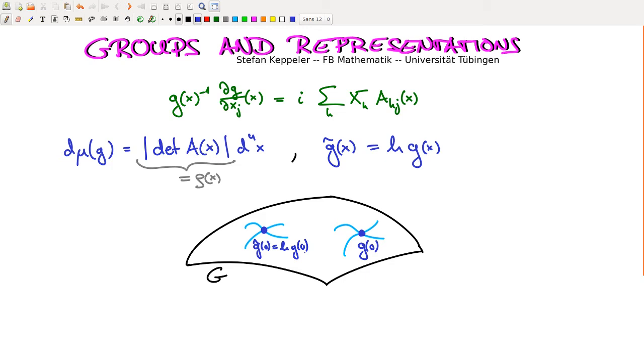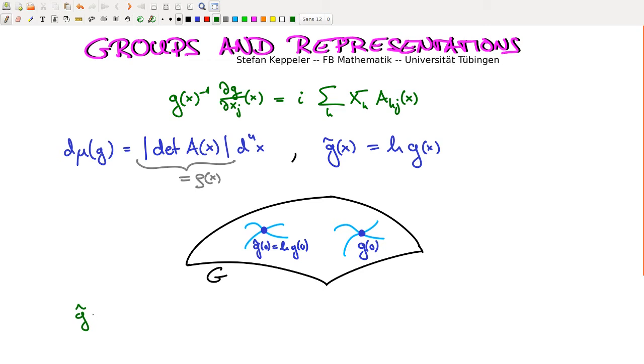And in order to check left invariance, we now calculate Haar measure in terms of this g tilde parameterization here. So we go through this procedure here again. What do we have to do?